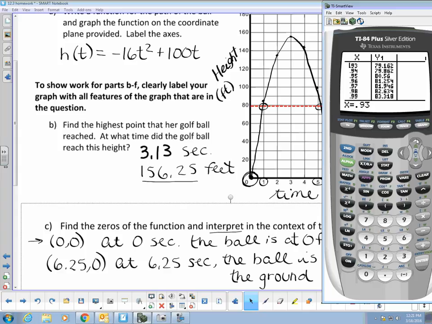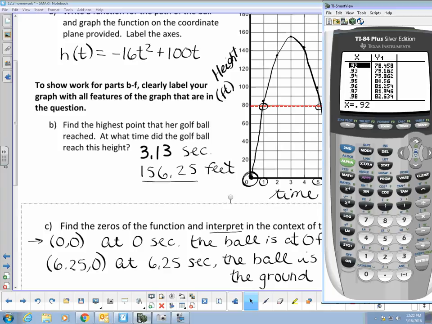So if I scroll, I notice that there are two values there that are very close to 80 feet. One is at 0.94 seconds and the other is at 0.95 seconds. But if you look closely, and if you think about money, you can ask yourself which value is closer to $80. Would that be $79.86 or $80.56?